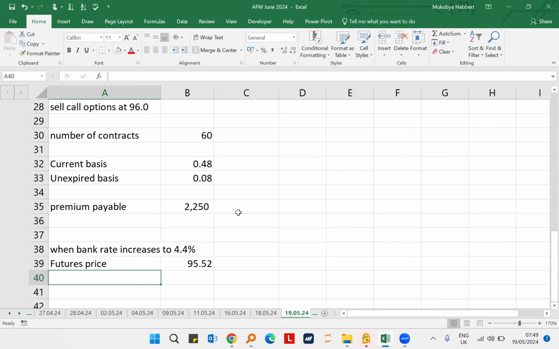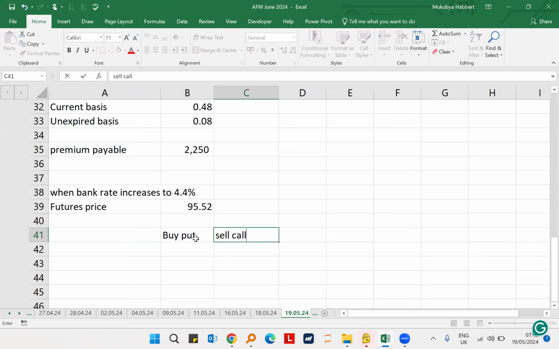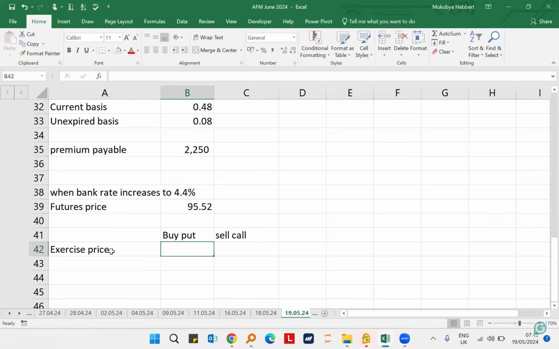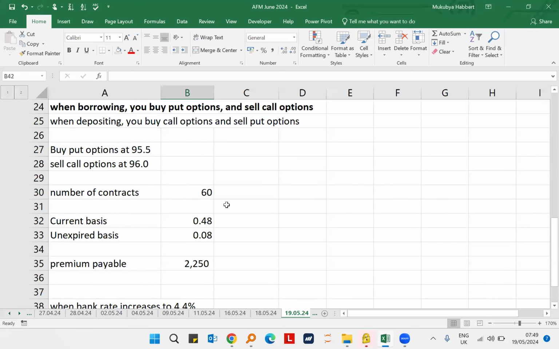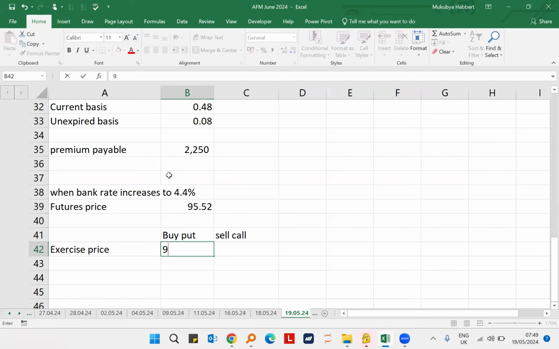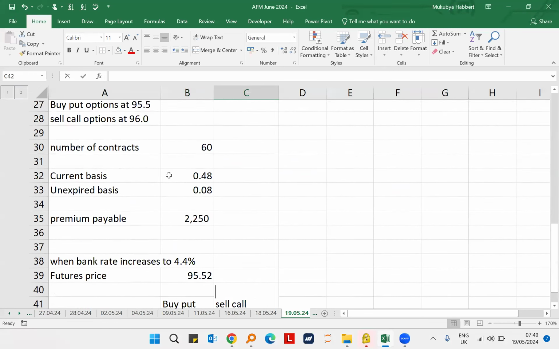So remember, we are doing collars, so we are going to buy a put and also at the same time sell a call. Of course, the exercise price when you are buying puts, I think we already wrote them here, is 95.5, and then you are selling a call at 96.0.